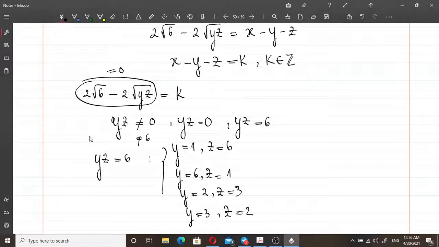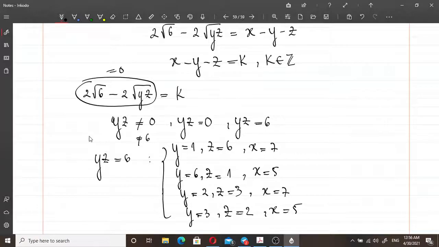So if y is equal to 1 and z is equal to 6, x will be equal to 7. And in the case y is 2 and z is 3, x is equal to 5, and x will be equal to 7 as well, and x is equal to 5. Why do I get x is equal to 7?